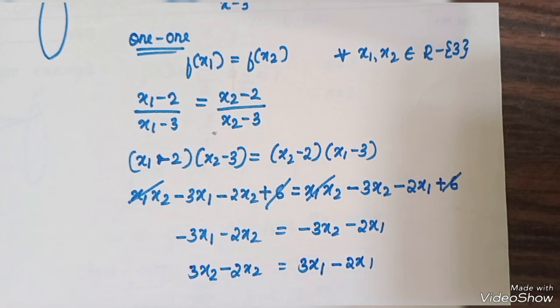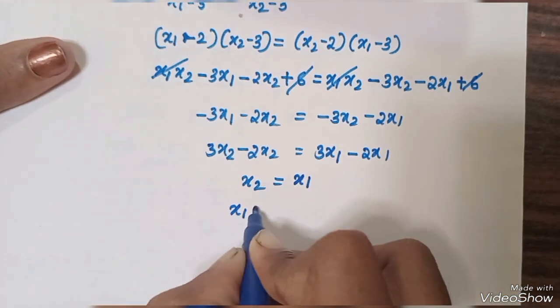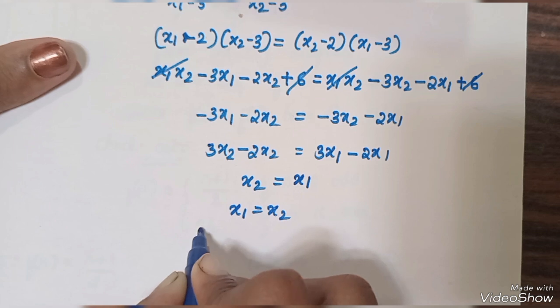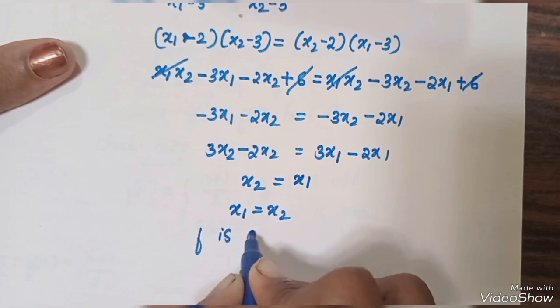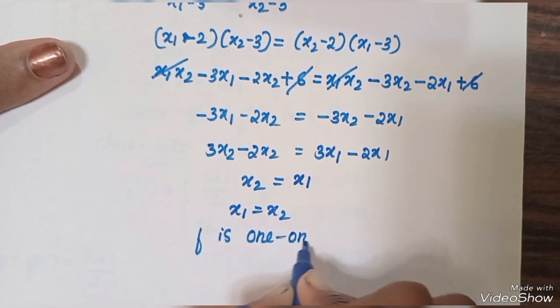So x2 equals x1. Therefore, we can say x1 equals x2. Hence, f is a one-one function for every x1 and x2 belonging to R minus 3.